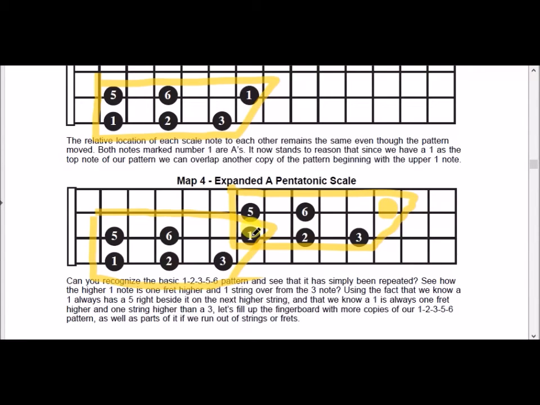And so I'm going to shift. I'm going to lift my fingers, all except my index. Now my index finger, remember, is down there on number 5. And I'm going to bring it all the way up. Okay, I just did a slide up to the 7th fret on the D string.